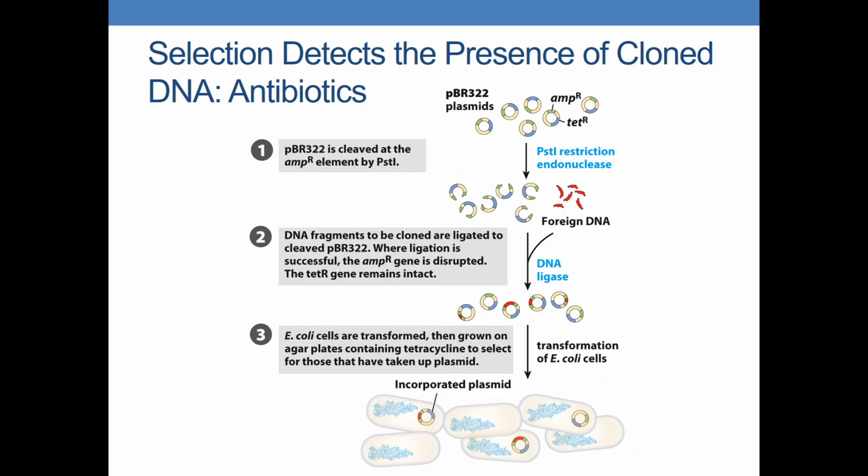Now, this is not always a foolproof, 100% successful way to go, because sometimes you will see that your gene, your foreign DNA, is either not fully inserted or is inserted awkwardly. So simply seeing growth of your bacteria in the presence of the appropriate antibiotic does not guarantee that your bacteria also have your gene of interest.